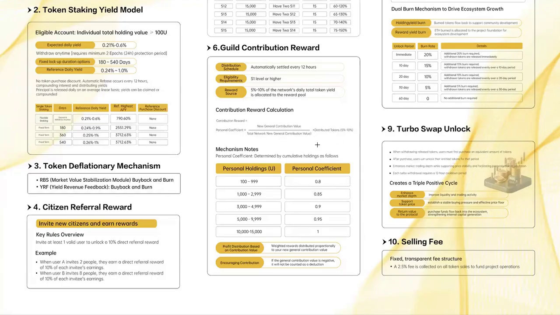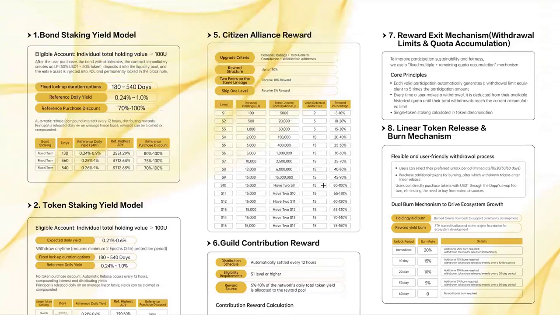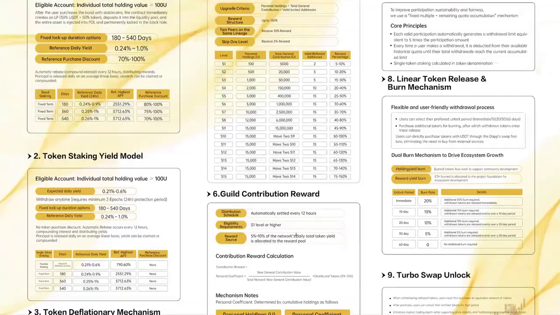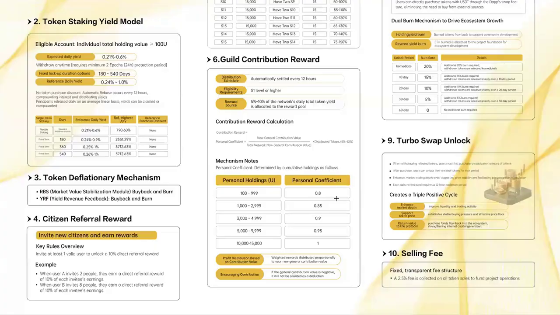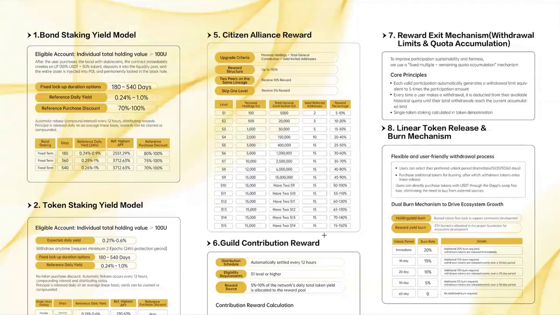So this is how this is calculated, and this is paid out every 12 hours. So these are the three ways you could get paid on the active side, which is also termed as dynamic rewards.